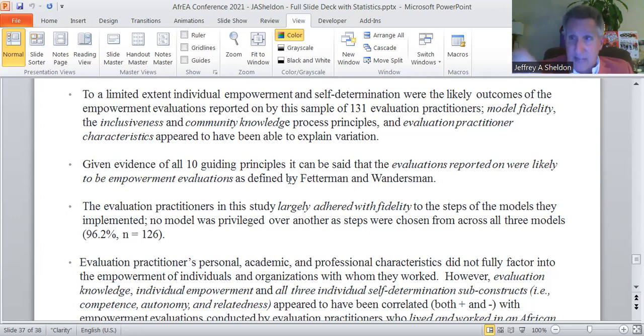Given the fact that these 10 guiding principles were in evidence, the evaluations reported on were likely to be empowerment evaluations, regardless of what anybody else called them. Okay. The evaluation practitioners in this study largely adhered with fidelity to the steps of the model they implemented. No model was privileged over another, as steps were chosen from across all 3 models. Okay.